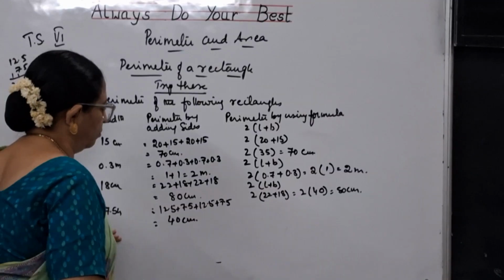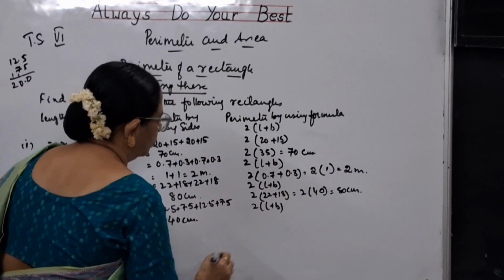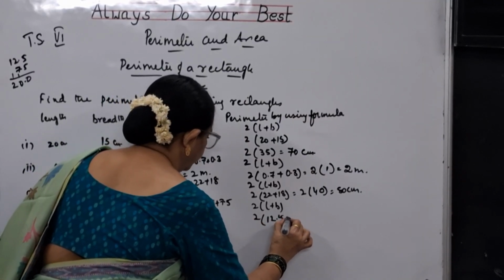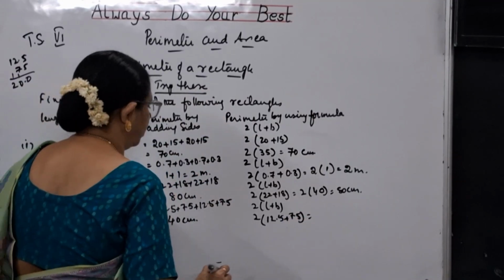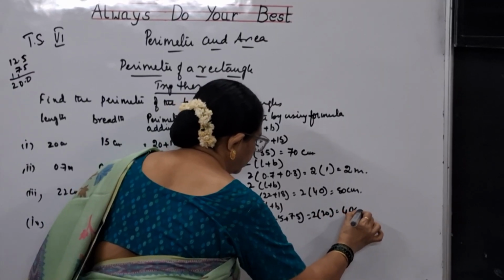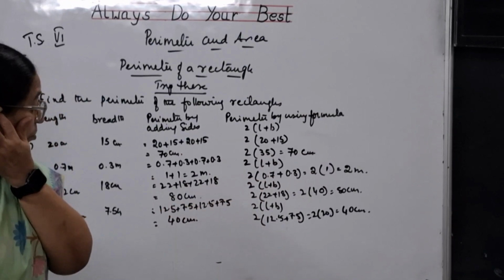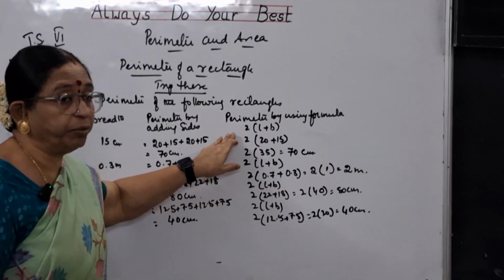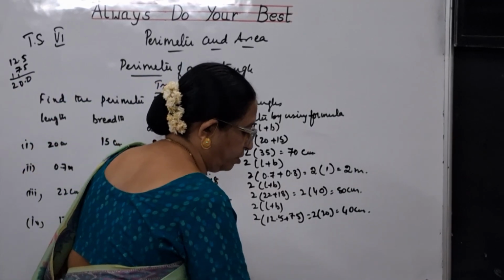The same thing when you do it here, 2 into (L plus B), 2 into (12.5 plus 7.5), 2 into 20, 40 centimeters. So in both the cases, you are getting the same answer. So always it is better you use this formula instead of doing it in this way. Please write this down.